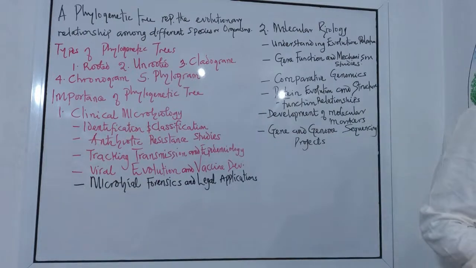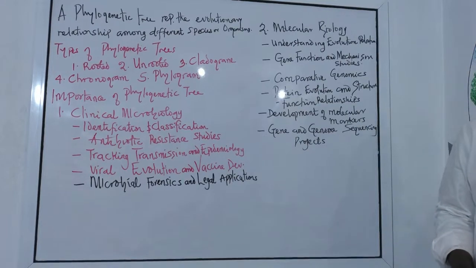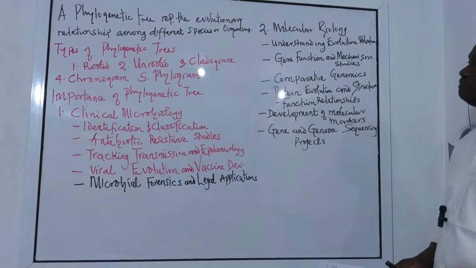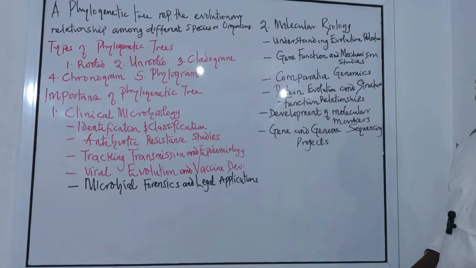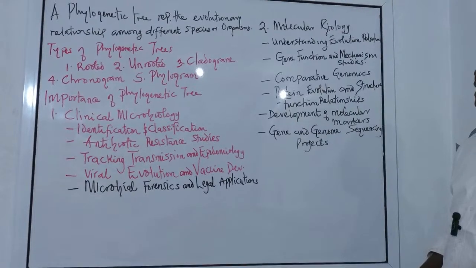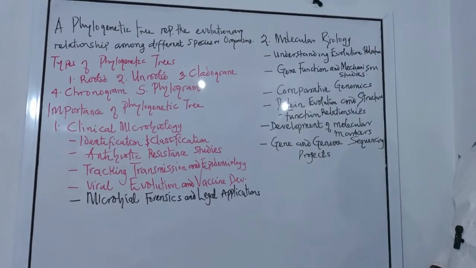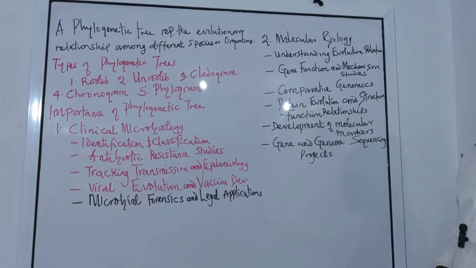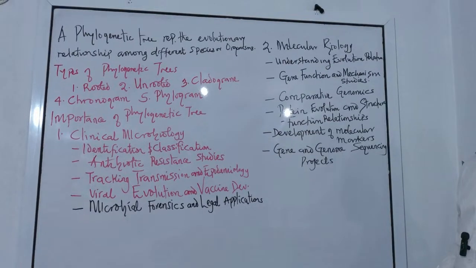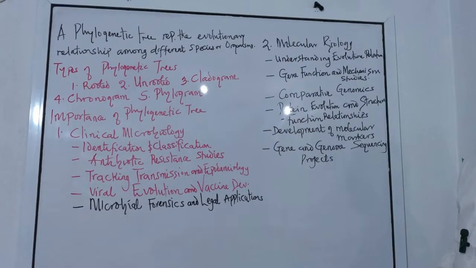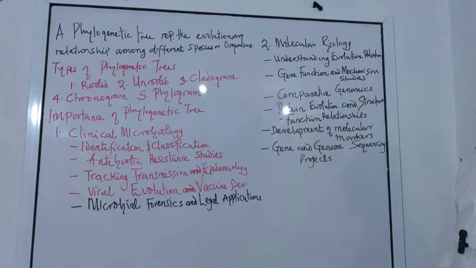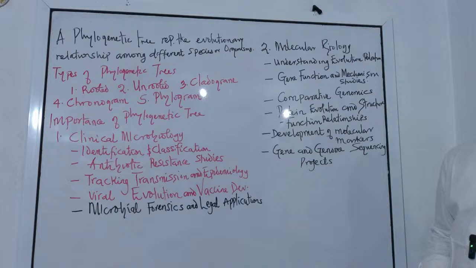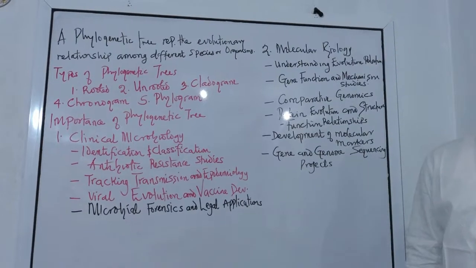Don't forget that I told us about the application or the use of phylogenetic tree as part of the instrument they use in classifying microorganisms. Be it microorganism or what have you, a phylogenetic tree still remains a valid instrument they use in classification.